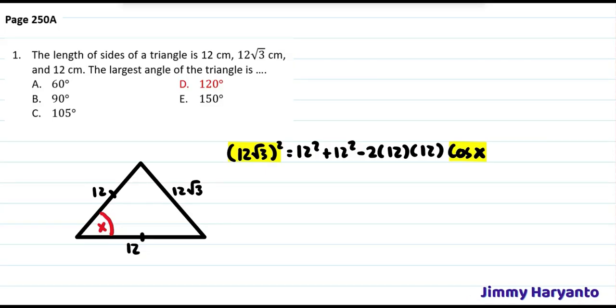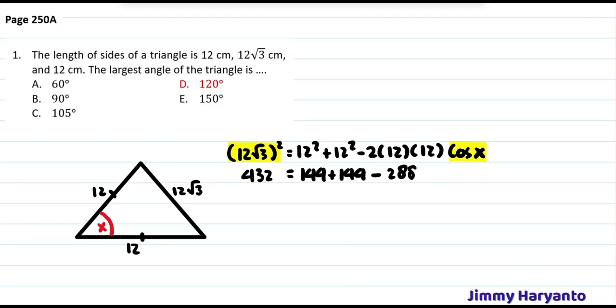Next is 144 times 3, which is 432. So 432 equals 144 plus 144 minus 288 cos x.